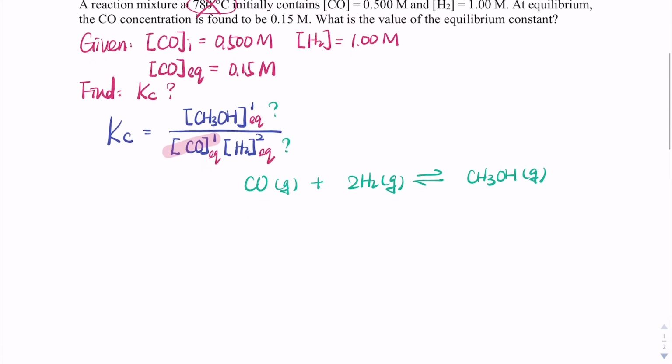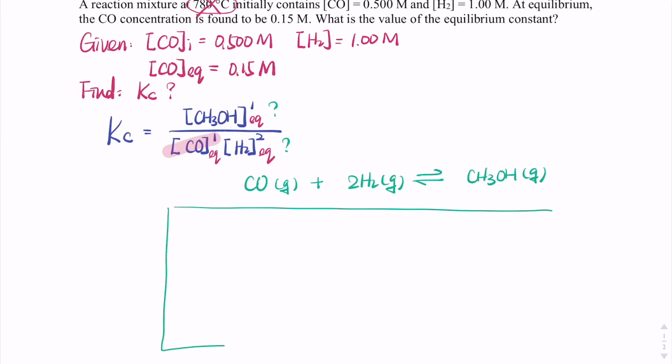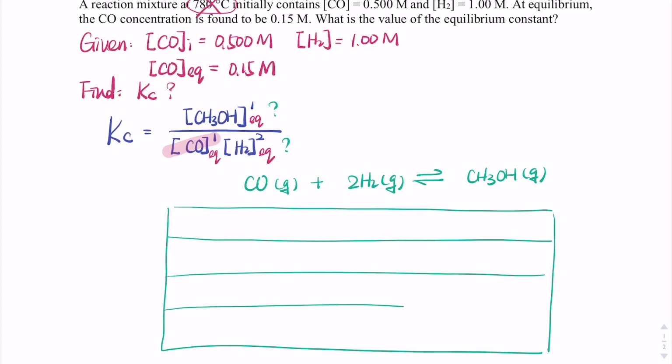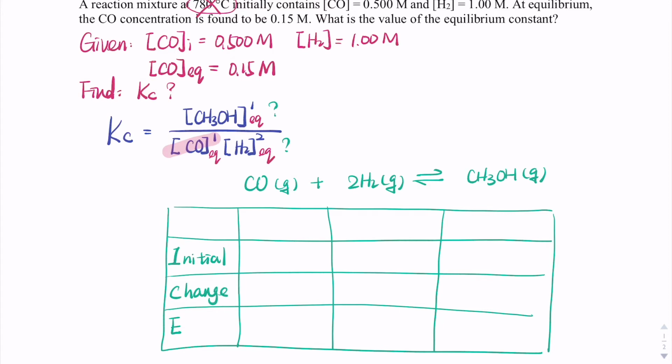Now let's draw the ICE table. I stands for initial, C is change, E is equilibrium. This is the table based off molarity, and brackets represent molarity, concentration.